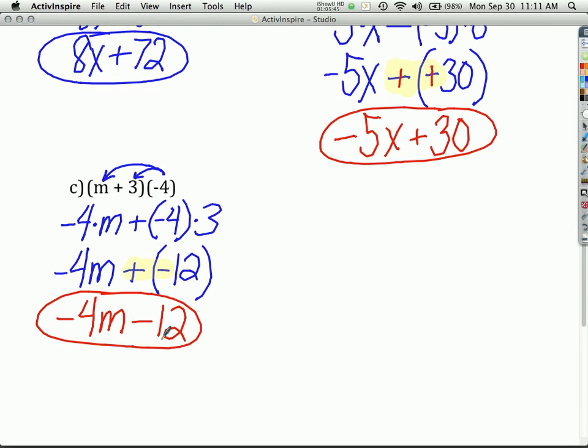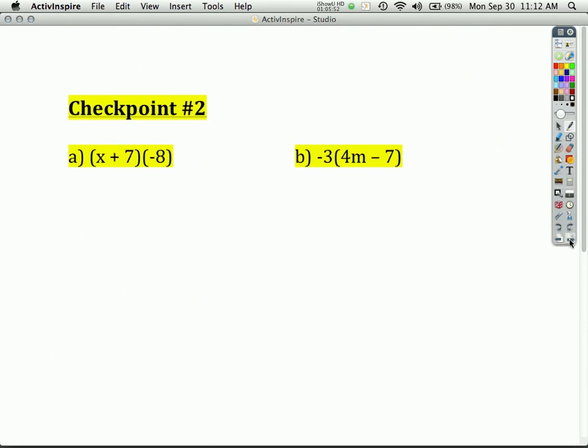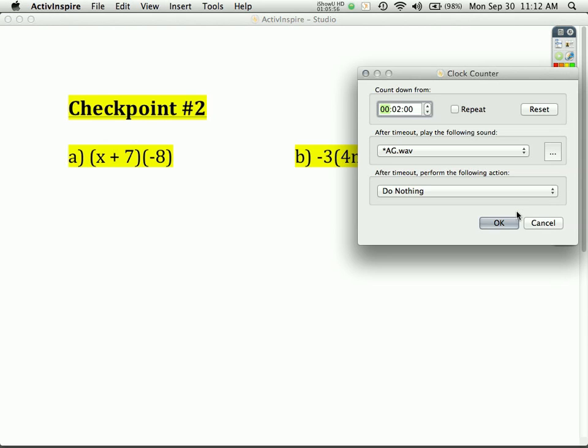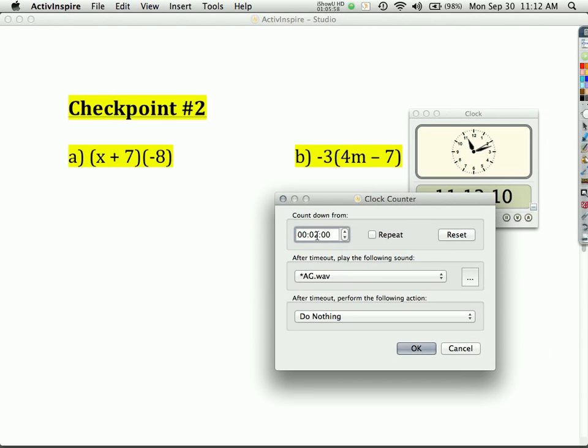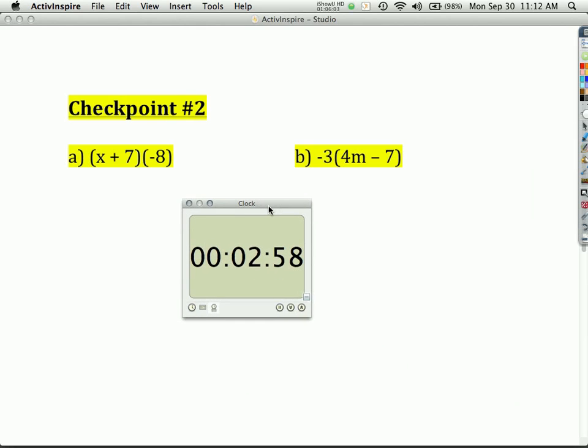It takes some time for it to sink in. All right? So, checkpoint number 2. We got 3 minutes. Go ahead and begin.